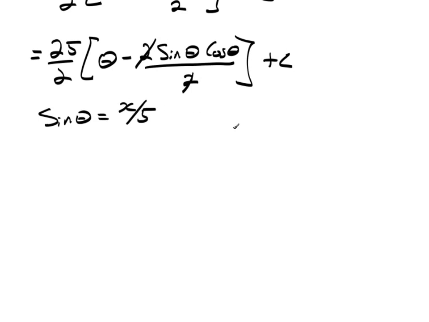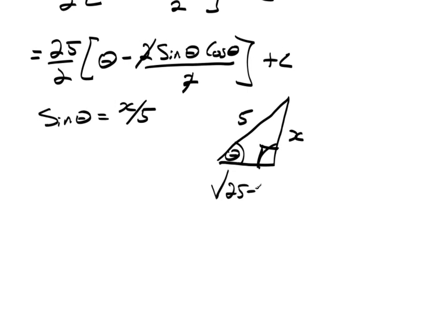That means I can go ahead and make my right triangle, which we've done before. Whoops, that's a right triangle. So this is theta. So if sine is x over 5, it must look like this, which means this is the square root of 25 minus x squared. Now from here, I can read off sine and cosine.